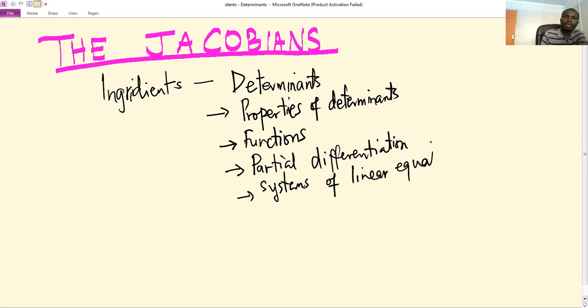So how to know whether the system of linear equations has a solution or has no solution. So these are some of the things that will help you to have an easy sailing in this chapter.